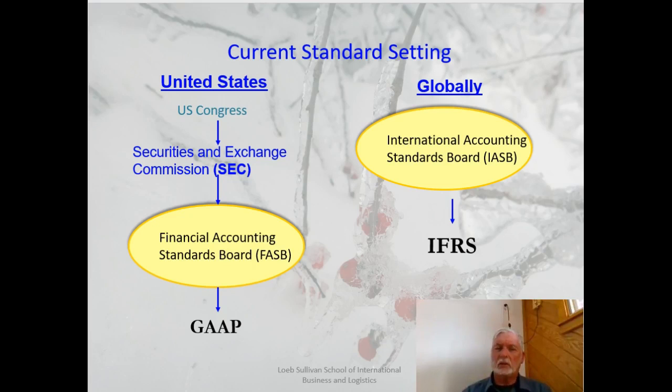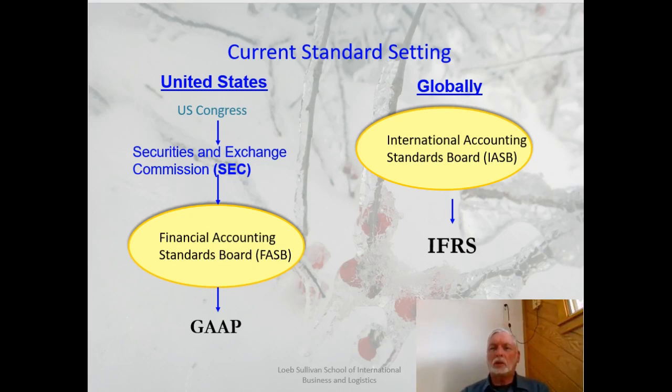They're based off of the same principles, but they differ in some ways, and there's been a movement to make them the same. They call it convergence, and that was started in around 2004, supposed to be completed in 2014, not completed yet, and probably won't be in the near future either. Probably the earliest you might see a true convergence might be 2030, and even that might not happen.